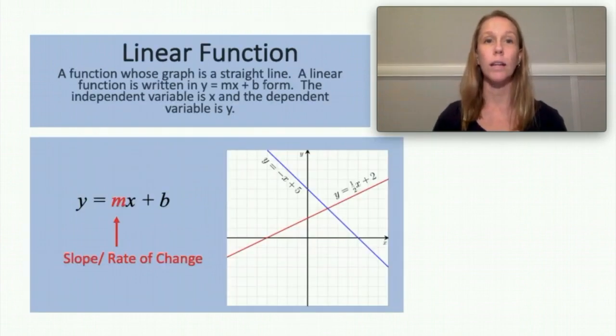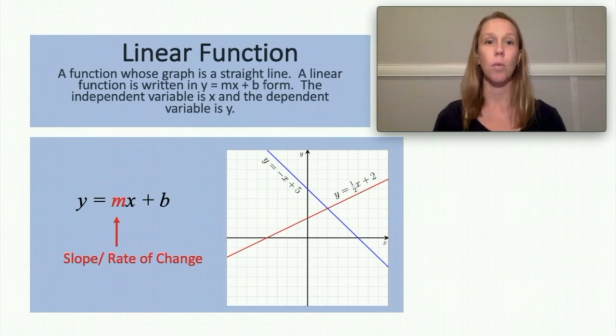And a linear function is one whose graph is a straight line. We've been talking about linear equations, linear relationships, and linear functions this whole time. And typically we write a linear function in y equals mx plus b form. The independent variable is x, that's our input, and the dependent variable is y, our output, and that always depends on x, or whatever we're putting into the function.